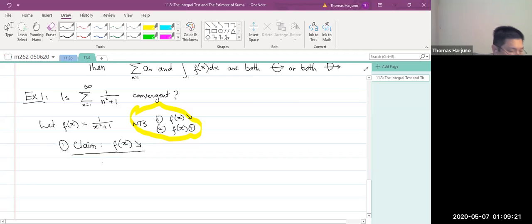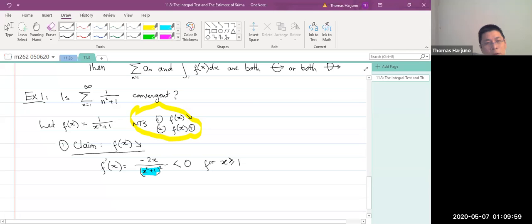What I think I will do is take the derivative. The derivative of f(x) equals negative 2x over x squared plus 1 squared. Now notice that this is negative for x greater than or equal to 1, because the denominator will always be positive. I missed a square.